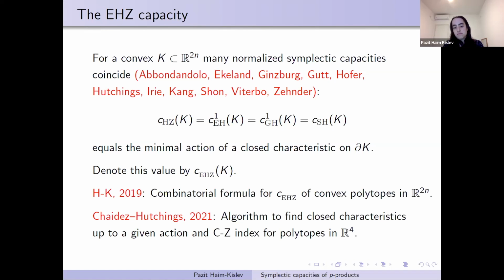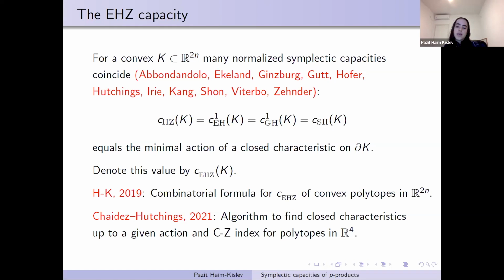A few years ago, I came up with a combinatorial formula for the EHZ capacity of convex polytopes, which allows you to find the value accurately in finite time. There has also been work of Chaidez and Hutchings, which finds all closed characteristics up to a certain Conley-Zehnder index in R^4.